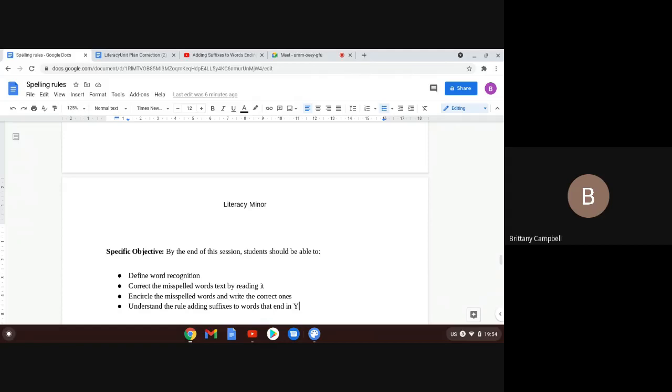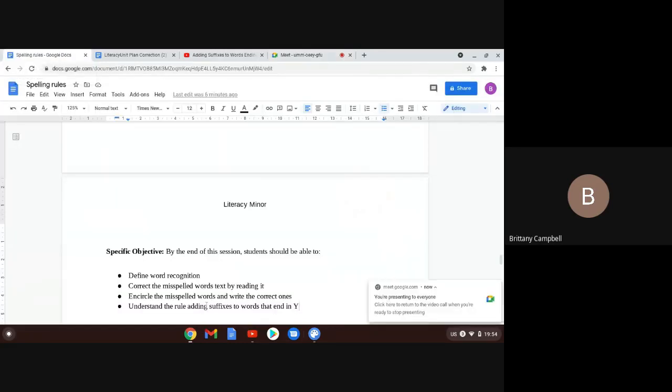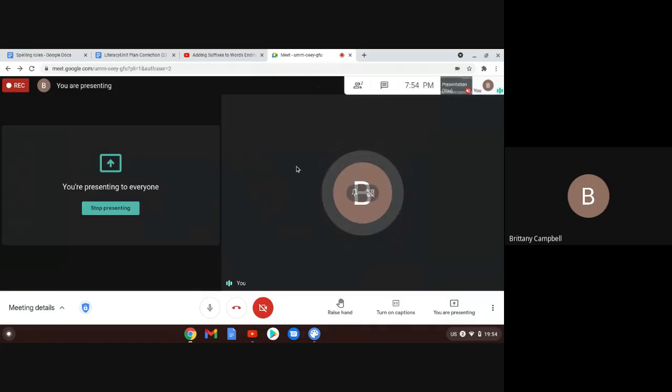And we're going to understand the rule of adding suffixes to the words that end in Y. So those are our specific objectives. Today we are paying attention to the rule that adds suffixes to the words that end in Y.